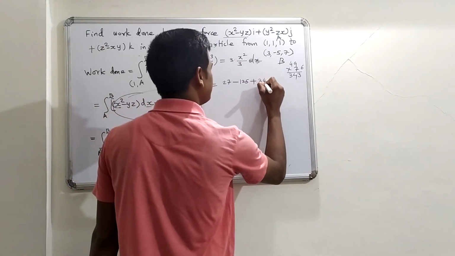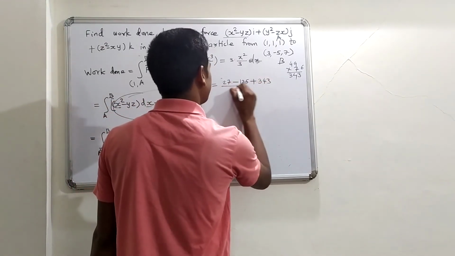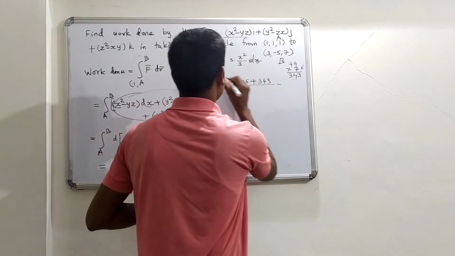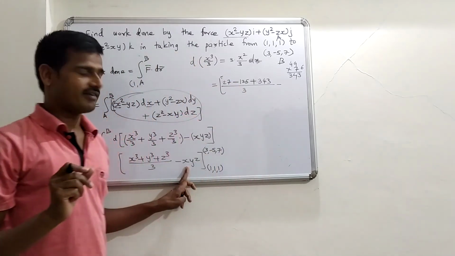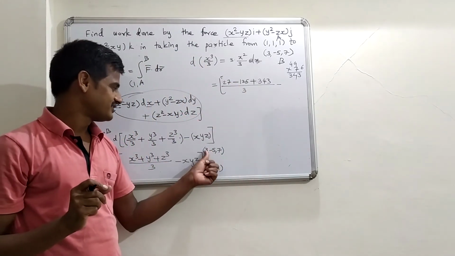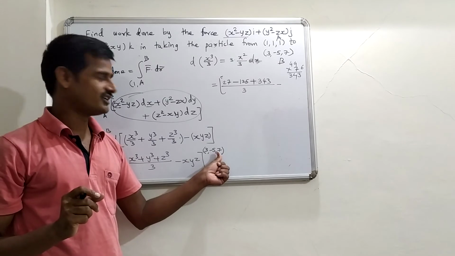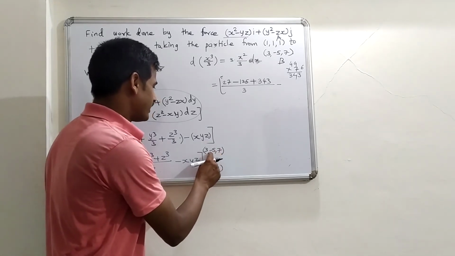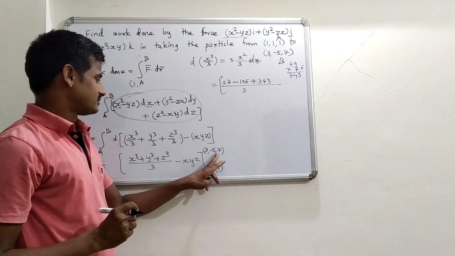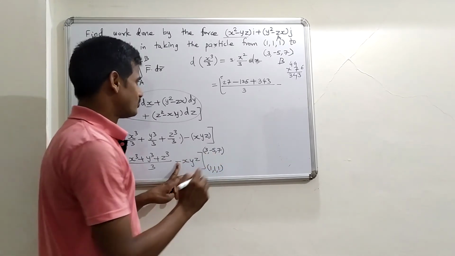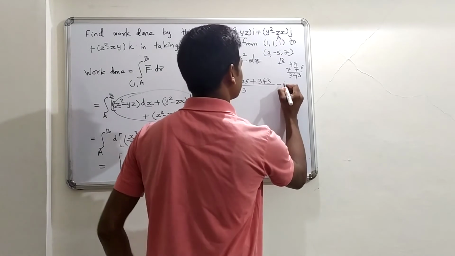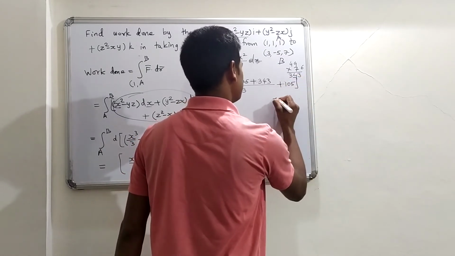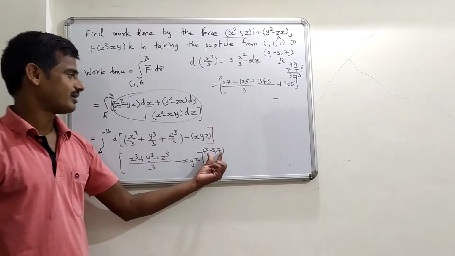So 343 divided by 3, minus xyz. First we calculate the value of this expression for x = 3, y = −5 and z = 7. So minus xyz, 3 into 5 into 7 is 105, so minus of minus 105 gives plus 105. This is the value of the expression for the upper limit.